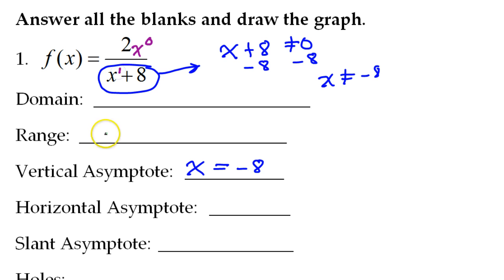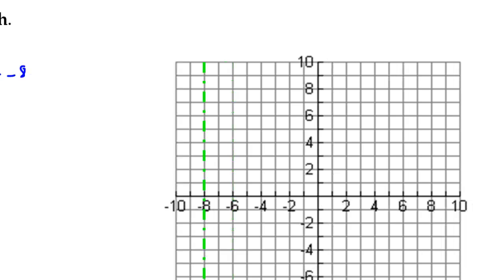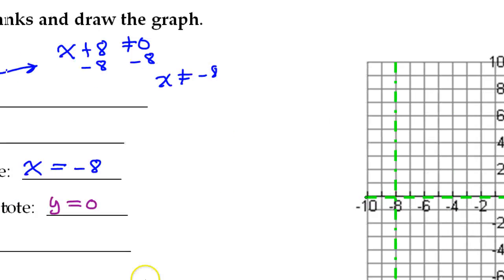The degree of the denominator is 1. So the degree of the denominator is higher, and so that is the situation where the horizontal asymptote is y equals 0, the x-axis. Alright, so there's your horizontal asymptote as well.